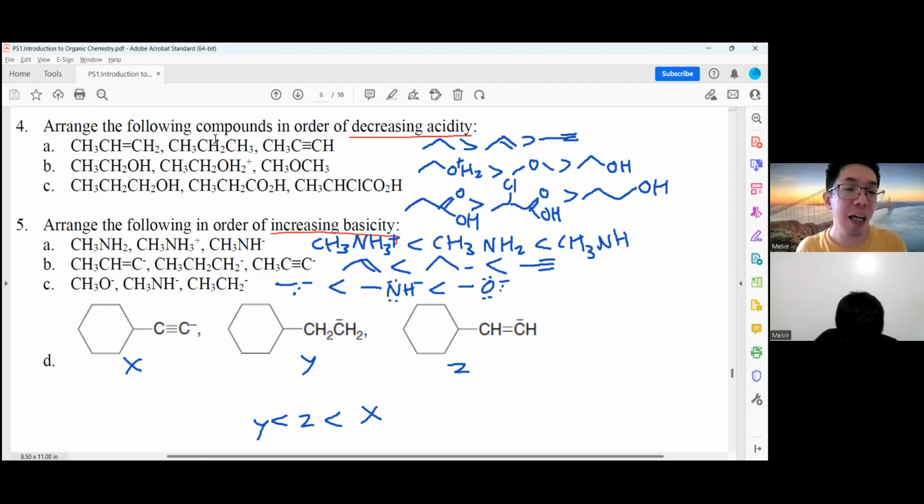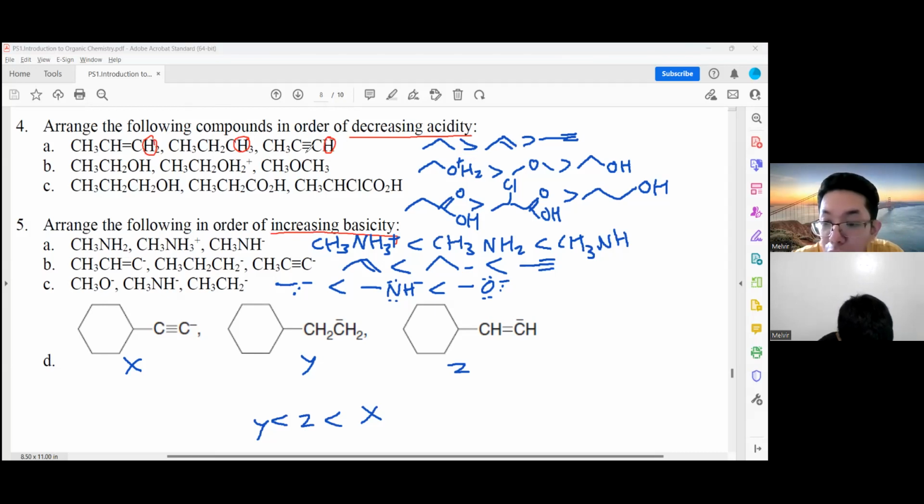So for letter A, Josh, tingnan mo, sinong pinaka-acidic sa tatlo? Alkane, alkene, alkyne. Sinong pwede lang tanggalan ng hydrogen? Can you remove the hydrogen from methyl?